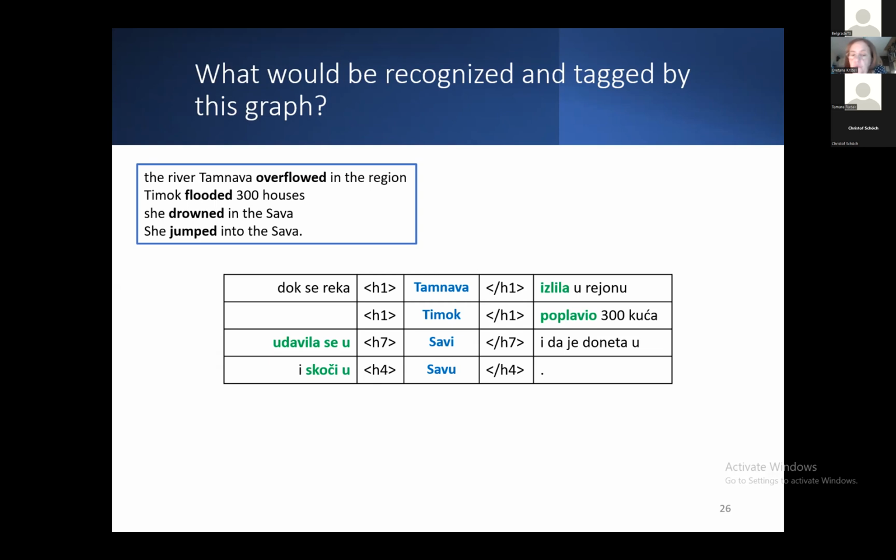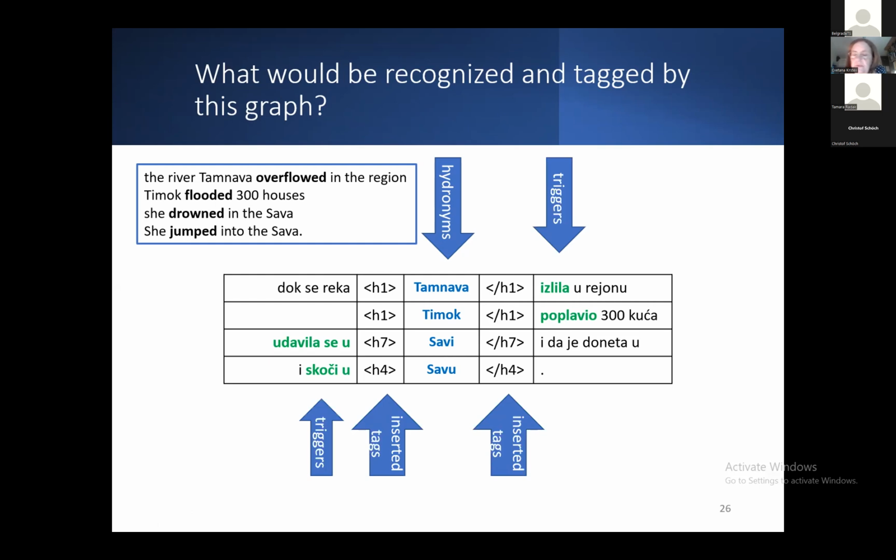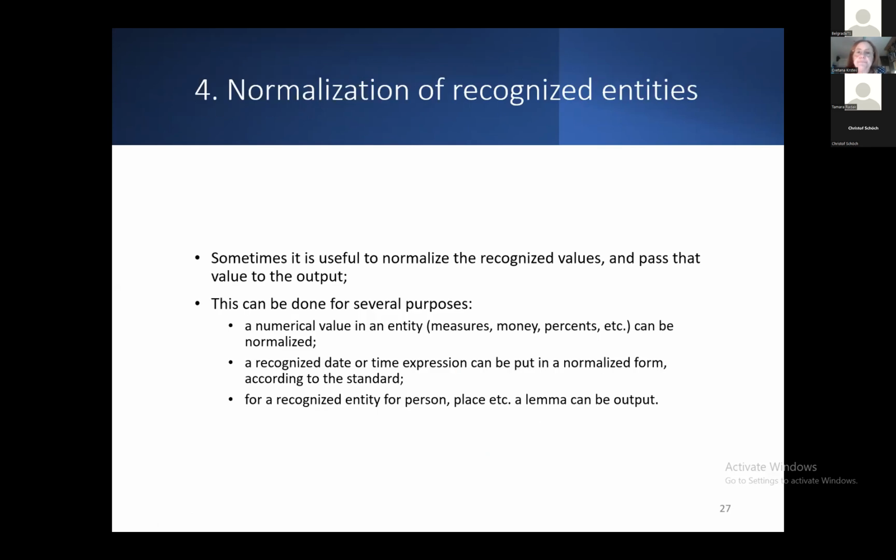Those are verbs in the left context that will help you solve these ambiguities. These are the hydronyms recognized by the lexical mask. This is inserted text, and those are triggers in the right or left context.